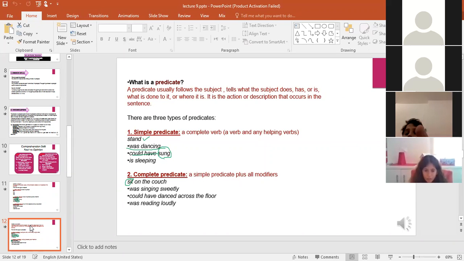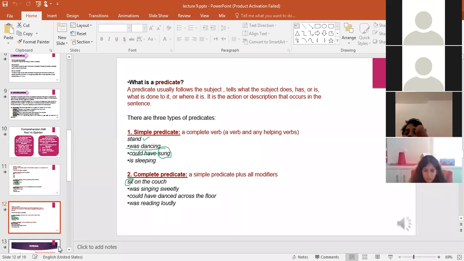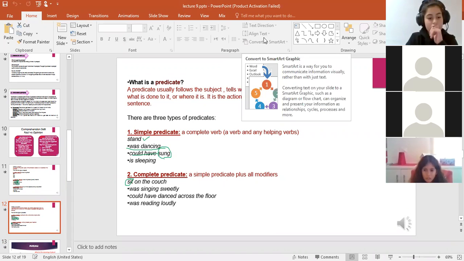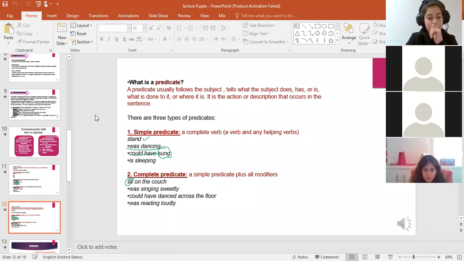The complete predicate means the verb plus all the modifiers, and the compound predicate is made up of two or more predicates, okay? Two or more predicates means two or more actions, okay, guys?